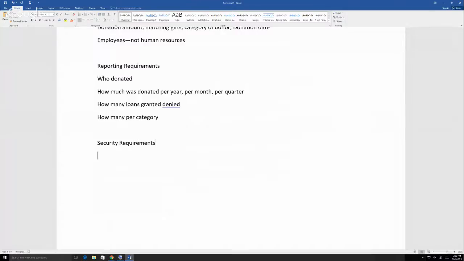What kinds of security issues would there be with this? We should have access to the data. Yeah, who should have access to what data is always the key question. One would assume that if you had a web presence, the donors can enter their own data, and they should be able to edit their own data.